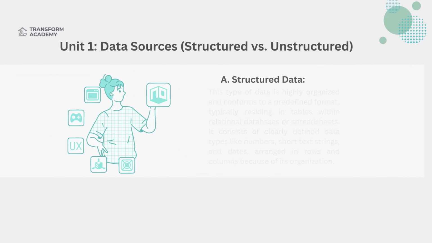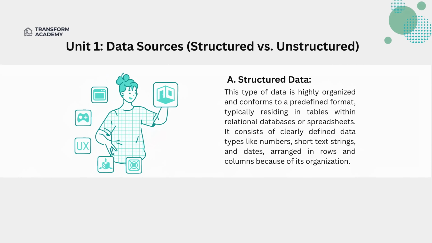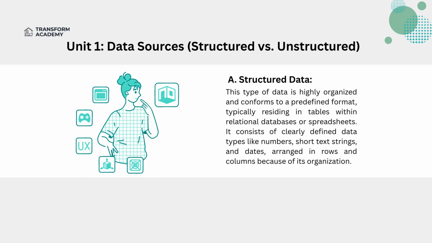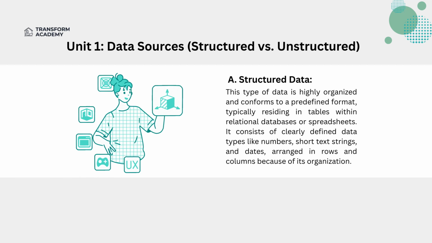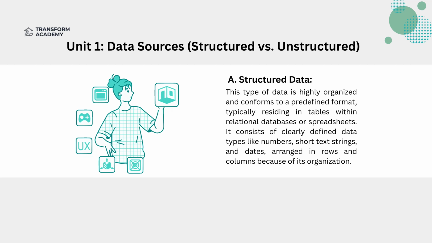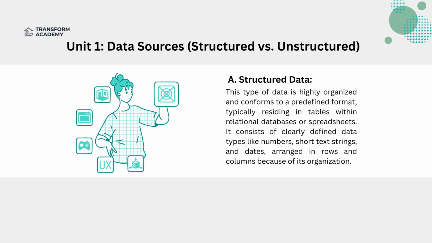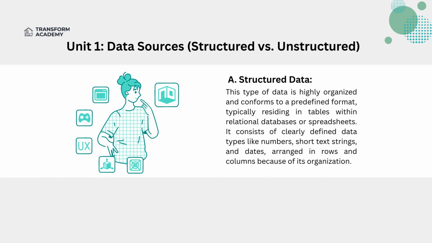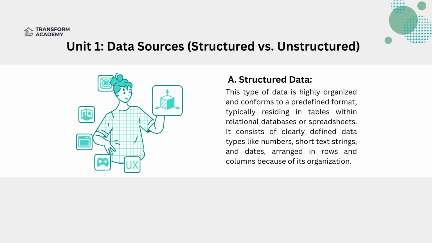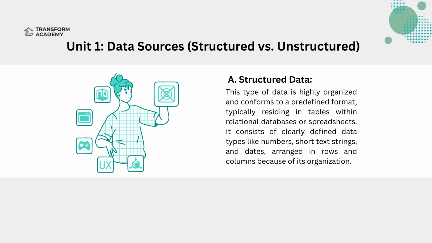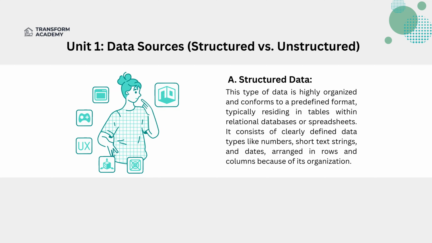Structured data. This type of data is highly organized and conforms to a predefined format, typically residing in tables within relational databases or spreadsheets. It consists of clearly defined data types like numbers, short text strings, and dates, arranged in rows and columns because of its organization.